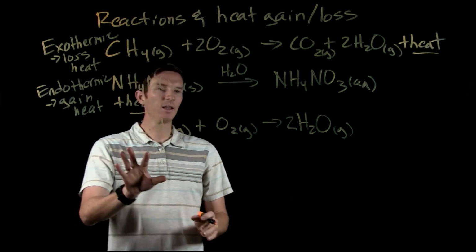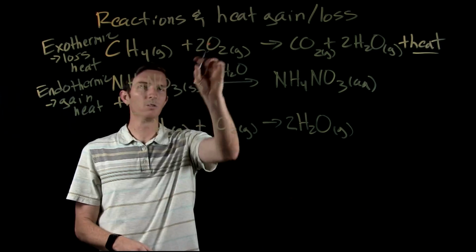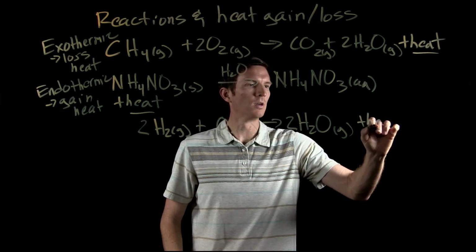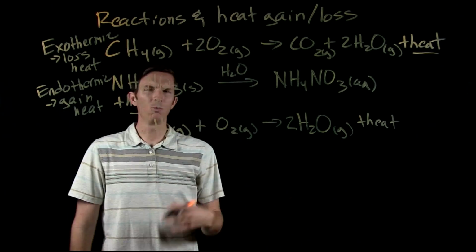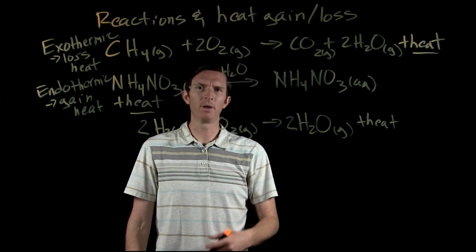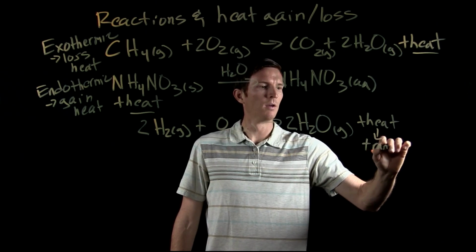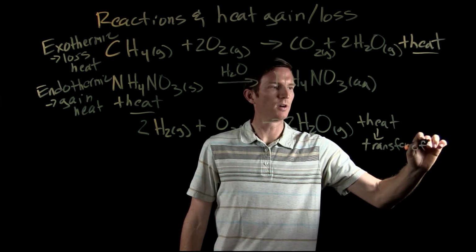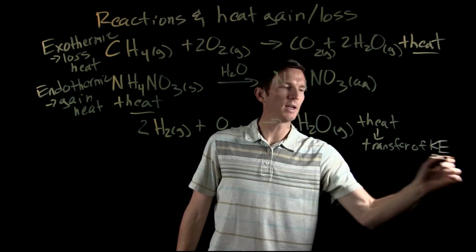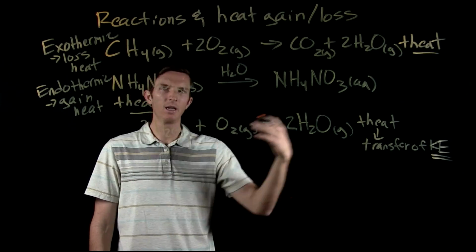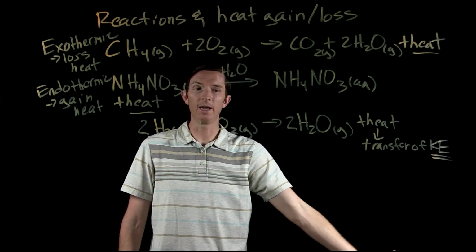Now when we let this reaction happen, similar to the methane reaction, we are going to produce heat. So we have to think, where is this energy coming from? And we have to remember, what is heat? Heat is transfer of kinetic energy. So we must be getting an energy change here.